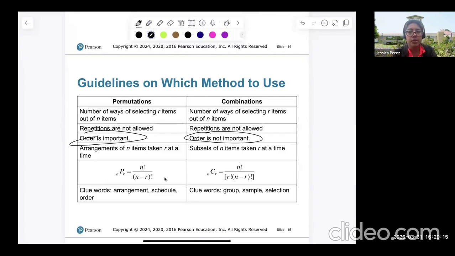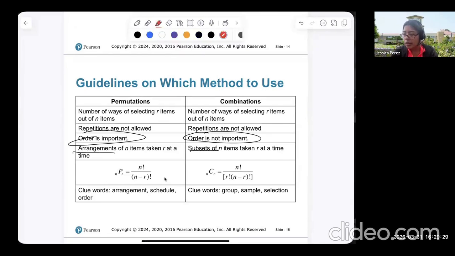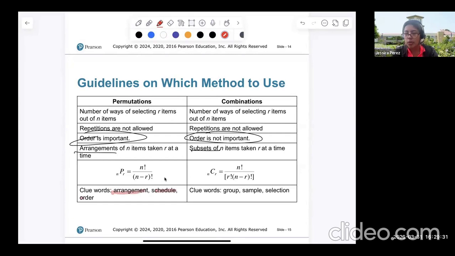So two different things. Now, for a permutation, you're looking at a specific arrangement of n items, and then in a committee or in a combination, we're looking at subsets. The formulas are also different. So what are the keywords that you can distinguish? Arrangement, schedule, and order. Those three keywords mean that we will need to use a permutation.